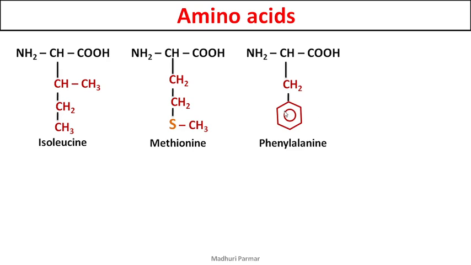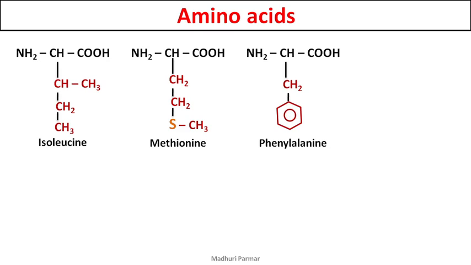Then you have phenylalanine. Now do you remember alanine? It was simple, right? CH, and this R group had CH3. A simple methyl group. Now look at the name, phenylalanine. This ring structure is nothing but your benzene ring. If you attach a benzene ring to some molecule, you can call that molecule phenyl something.